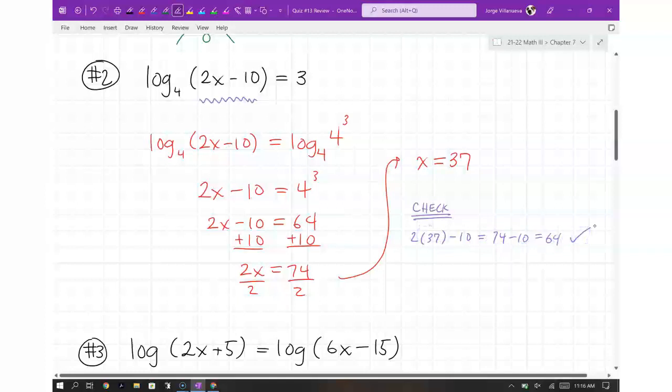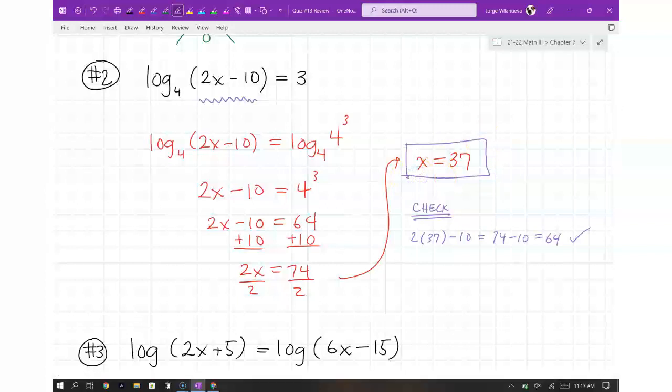That checks out just fine. So that means this answer is correct. As long as my check step comes out positive, it doesn't have to be any specific number. It just has to be positive. That's all. If the check step comes out negative, then I cross out that answer and I say no solution if there's no other options. Right?